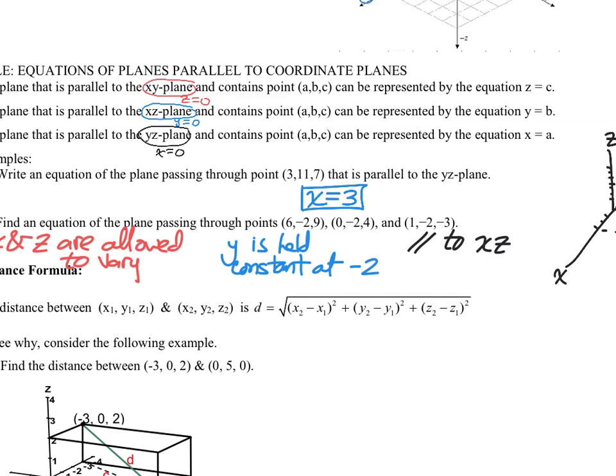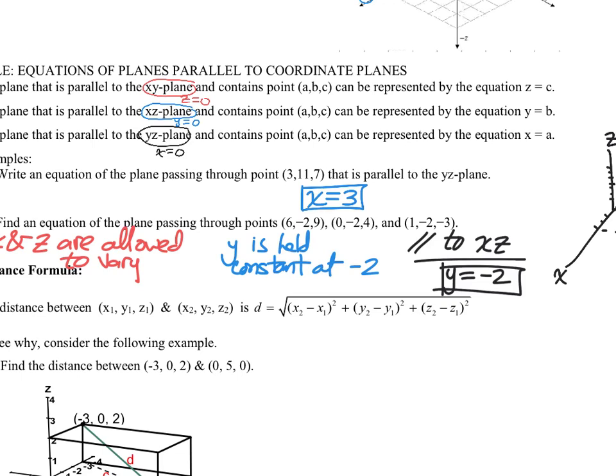I'll just write parallel to xz. All right, and so therefore you could just say y equals -2. However, I don't know that you need to write any of that in order to come up with y equals -2, because if you're just looking at the thing that is defined within this problem as something that's unchanged, or something that you could rely upon as a given relationship, it would be that y is always equal to -2.